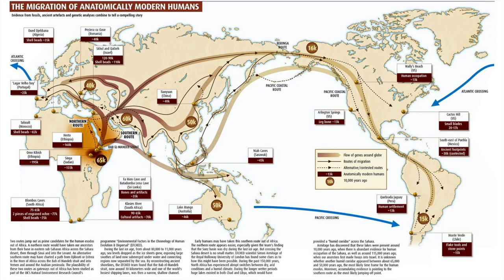These migration routes are based on the bones that archaeologists and paleontologists have found in these different caves, these different excavation sites in Africa, in the Middle East, in America, all around the world, to create a map of how we have migrated as a species and colonized the entirety of the globe.